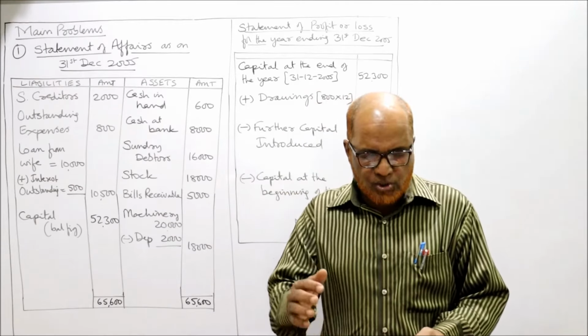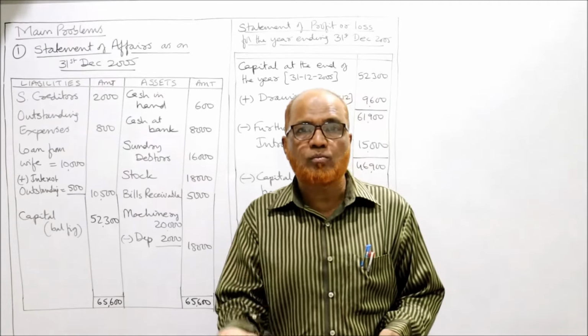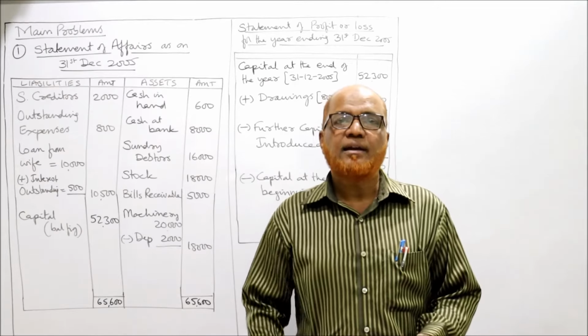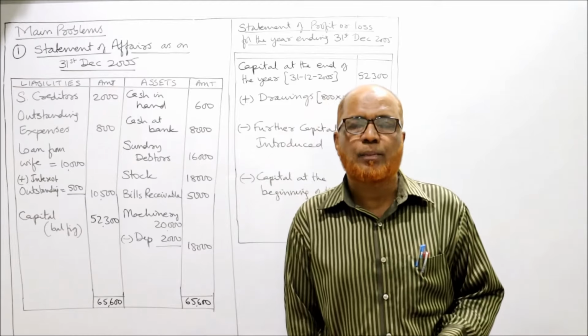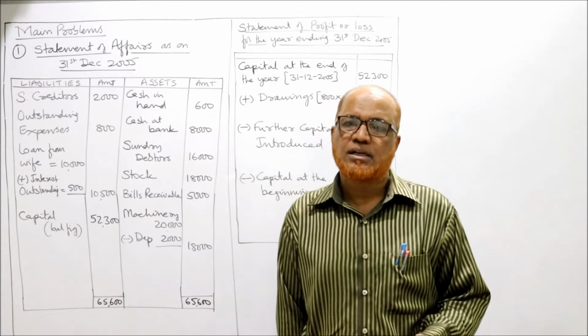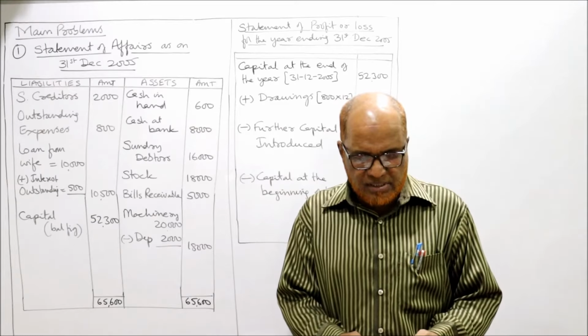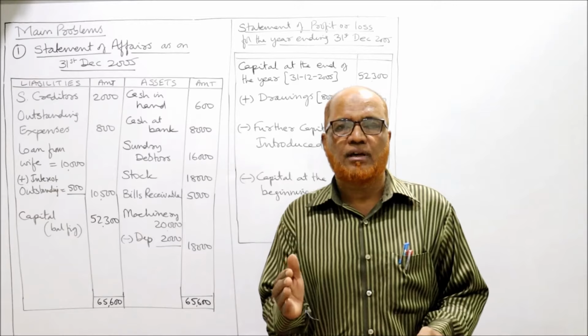He introduced further capital of 15,000 during the year, 15,000 rupees more. During the year he withdrew 800 rupees per month as drawings. Every month he has withdrawn 800 for personal use. So 800 into 12 is 9,600. On 31st December 2005, his position was as follows, at the end of the year.